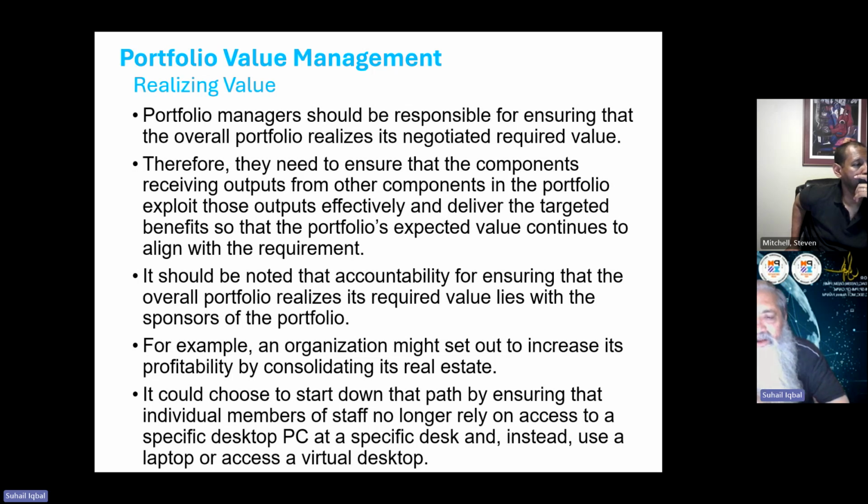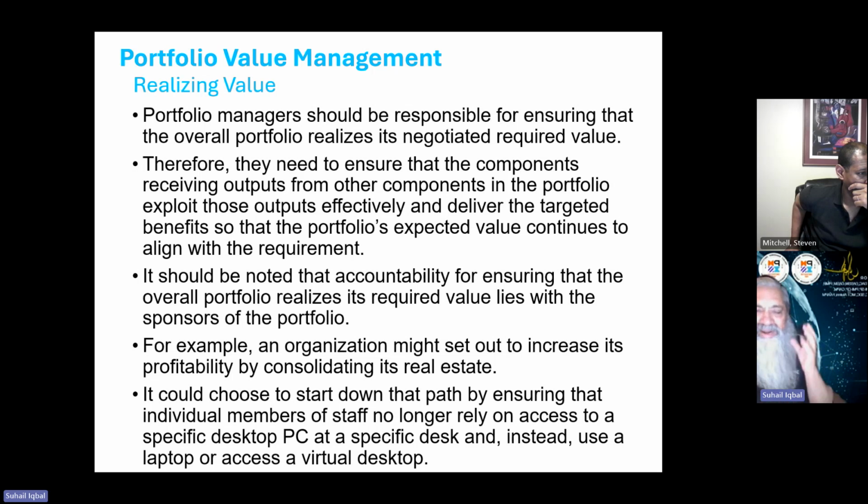It should be noted that accountability for ensuring that the overall portfolio realizes its required value lies with the sponsors of the portfolio. For example, an organization might set out to increase its profitability by consolidating its real estate. It could choose to start down that path by ensuring that individual members of staff no longer rely on access to a specific desktop PC at a specific desk and instead use a laptop or access a virtual desktop.